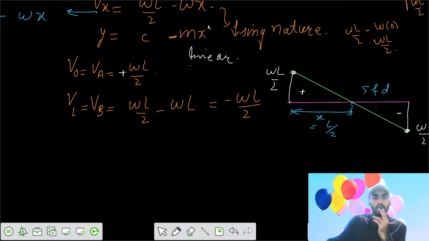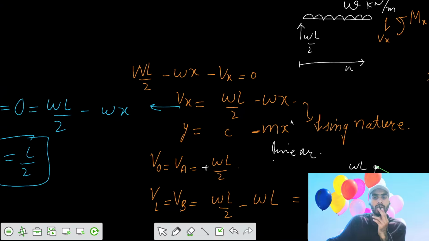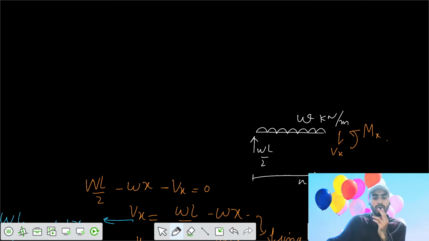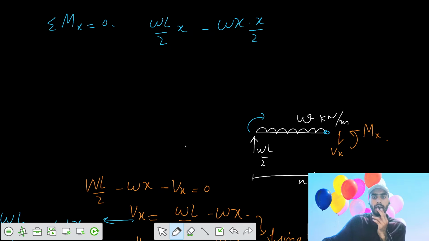Now we need to calculate the bending moment equation. So this was your section. Let's say summation of moments at x equals 0. We have WL by 2, a clockwise moment about this point, WL by 2 into x, minus the UDL of W into x, acting at a distance of x by 2, and your shear force into 0, and then the anti-clockwise moment M into x equals 0.